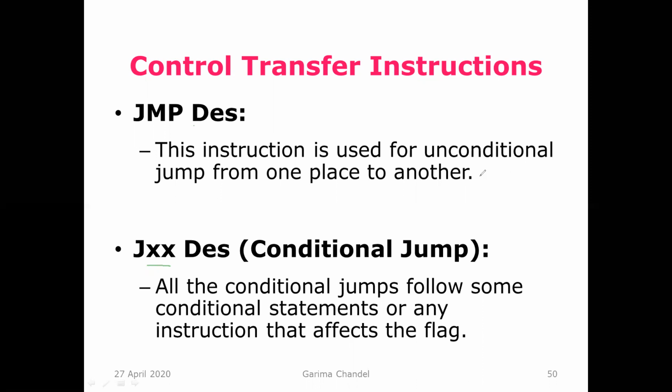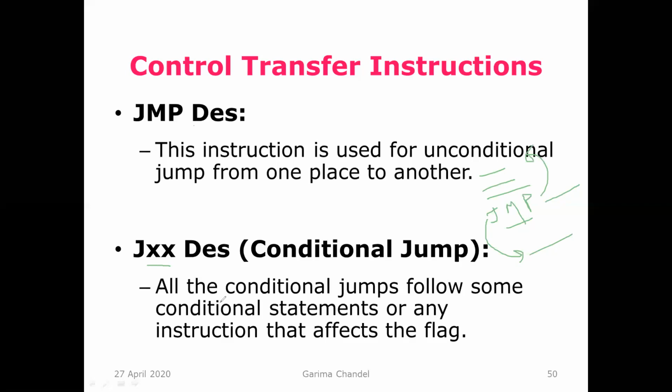For example, if the program is written here and suddenly a jump instruction is written here, then in place of executing the next instruction, it will directly execute the instruction whose address is given with this instruction. For example, if 2000H is there, then it will go to 2000H. Any location can be mentioned here. It can jump in the forward direction or in the backward direction, depending on the requirement of the program.